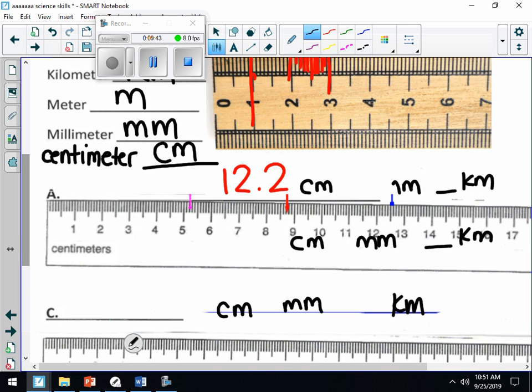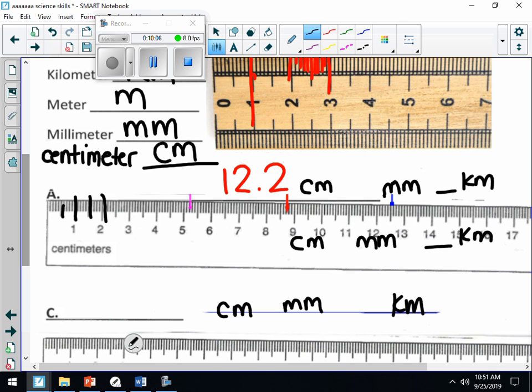Because you have 12 and a tiny bit more. How many millimeters more? Now, what did we say was bigger? Millimeters or centimeters? Centimeters are bigger. So are there more millimeters or centimeters? So let's see. 1, 2, 3, 4, 5. That's 5. That's 10. That's 15. That's 20.